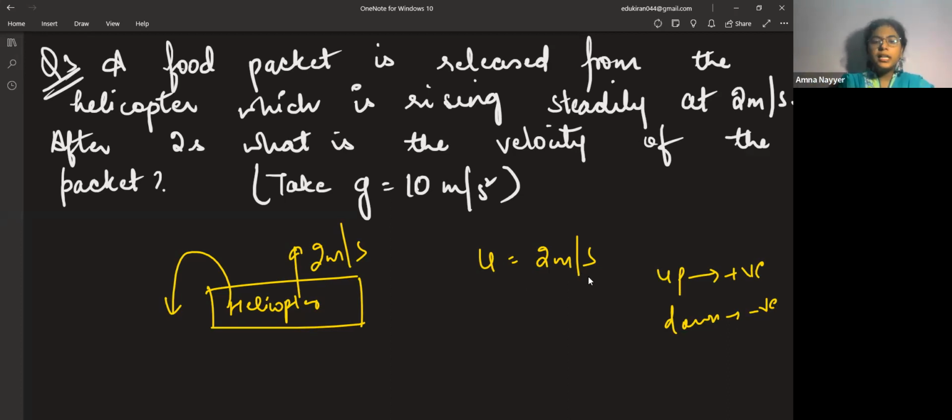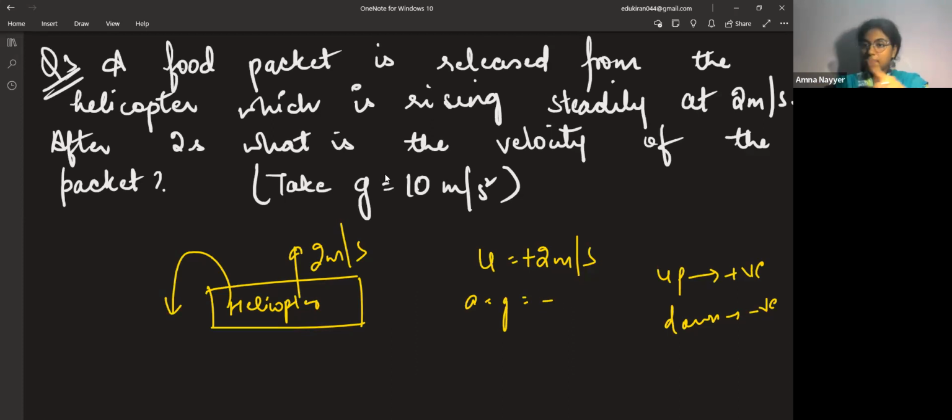So u is 2 meters per second. So it is going upwards, so this will be plus, right? Initially, the packet is thrown like this because the helicopter is moving upwards. So initial velocity will be plus. Acceleration will be minus.